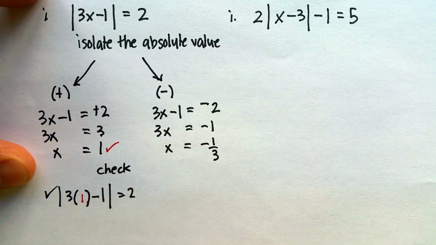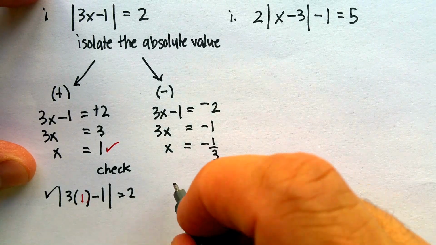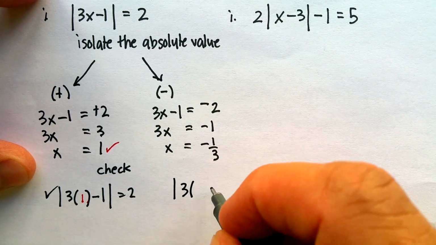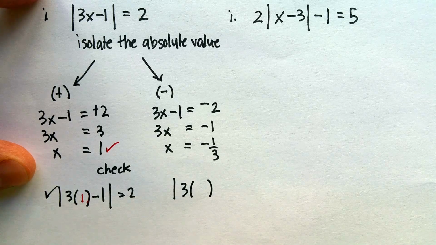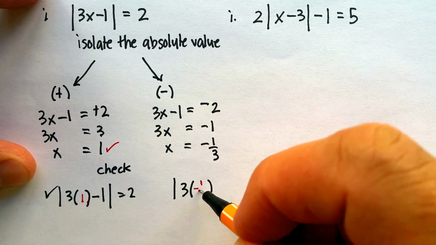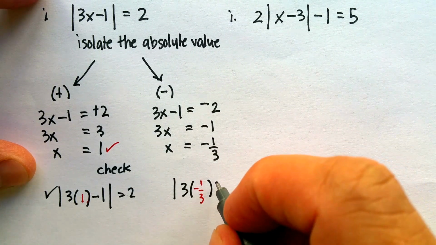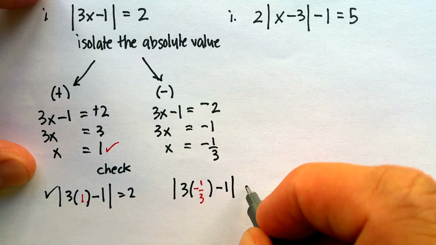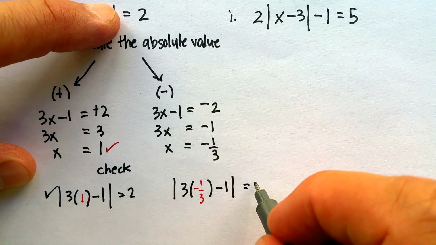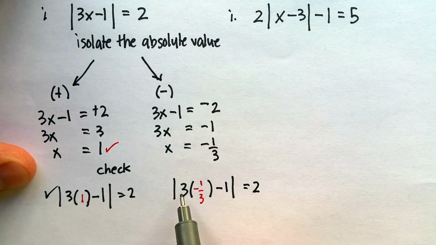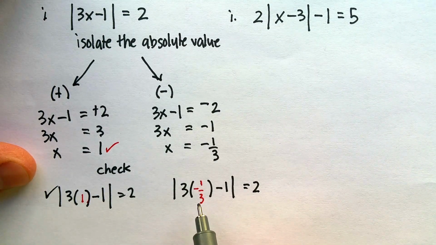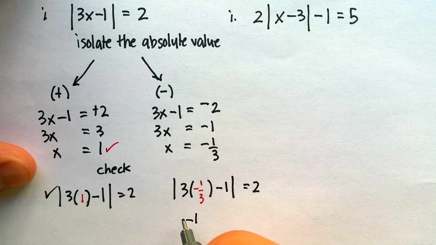Let's try this one. I have the absolute value of 3 in parentheses. I'm going to put in a negative 1/3. I'm going to subtract 1. Absolute value is equal to 2 again. We're just checking. 3 times a negative 1/3 is a negative 1.